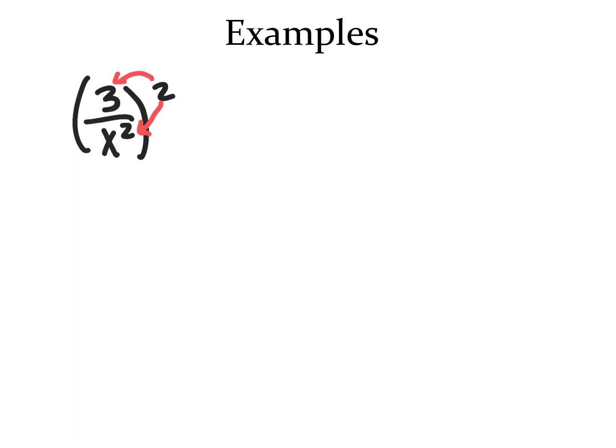Now when I do this, my term of 3 becomes 3 raised to the power of 2, so I get 3 to the second power, and the denominator's term of x squared becomes x squared, now raised to the second power.